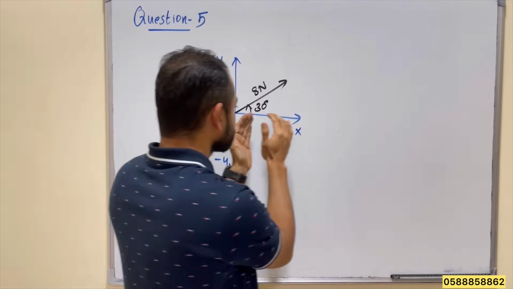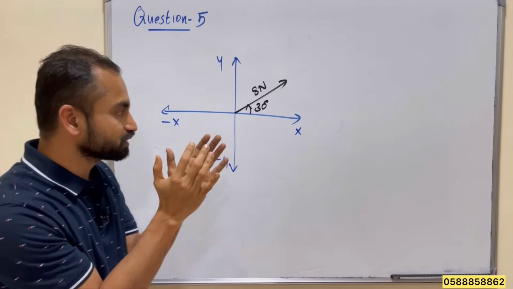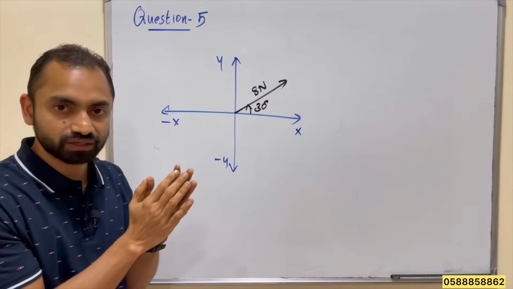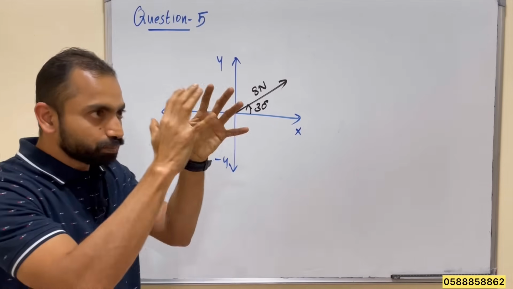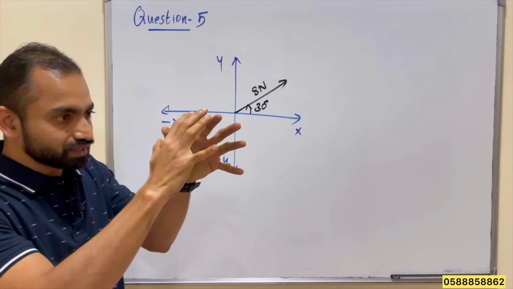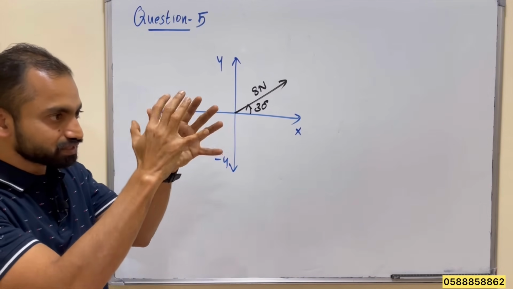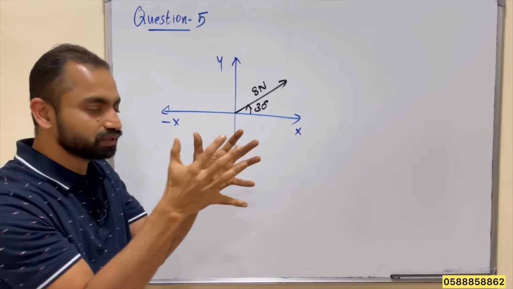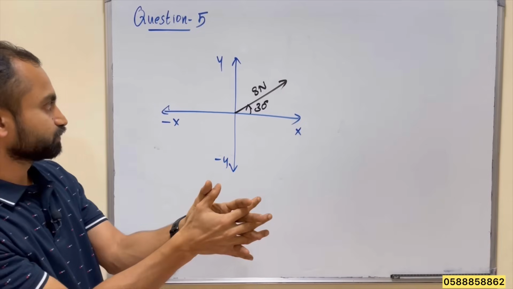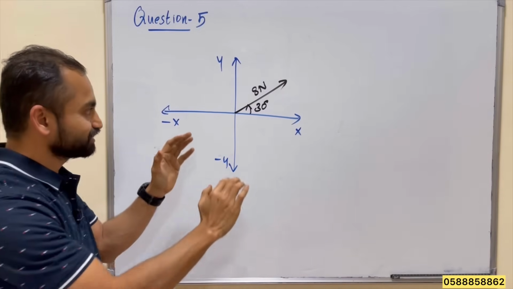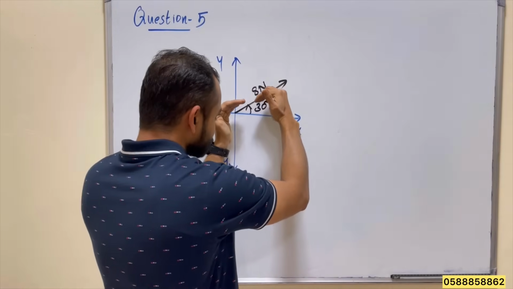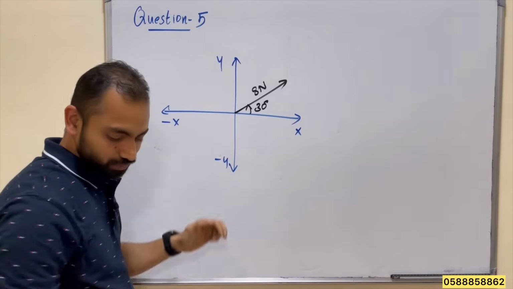A part of it is along the x direction, a part of it is along the y direction. It is a combination, so we need to divide it into its x component and y component.